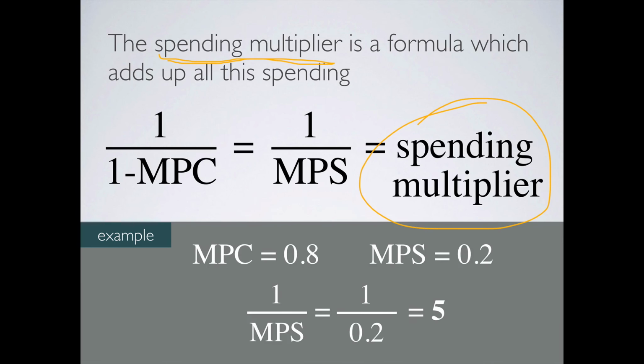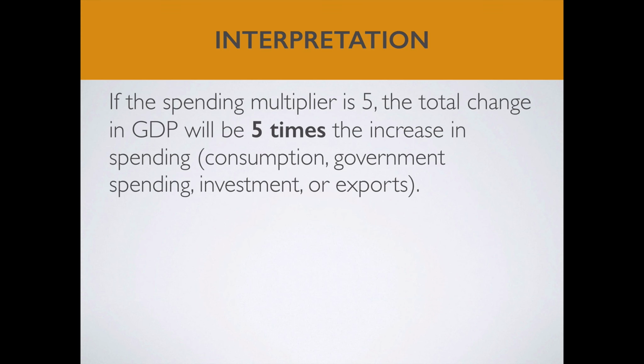For example, let's say the MPC is 0.8. That means the MPS is 0.2, and we're going to go 1 over that MPS. That's 1 over 0.2 to give us 5. Let's deal with the interpretation. If the spending multiplier is 5, what that means is the total change in GDP will be 5 times the increase in spending.